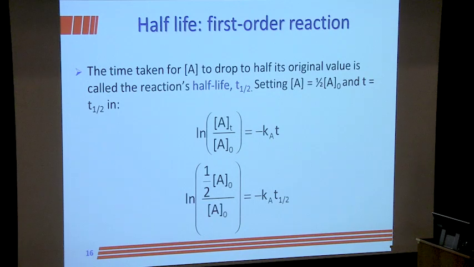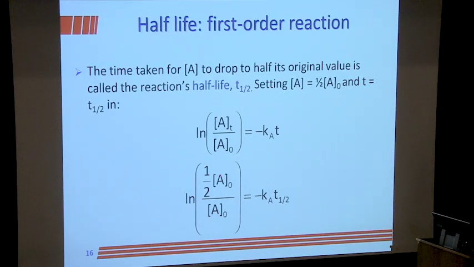So if we think about the half-life of a first-order reaction, the half-life is the time taken for the concentration of a sample to reach half its original value. That's the half-life. So we use this expression: the log of a half the concentration of A at time 0 over the concentration of A at time 0 is equal to minus the rate constant times the half-life.